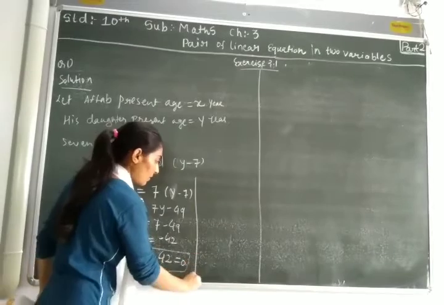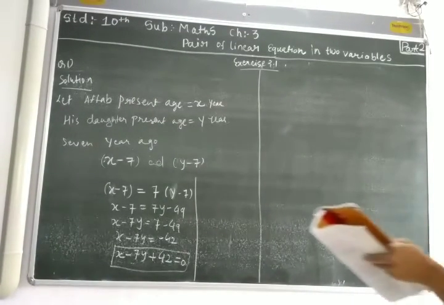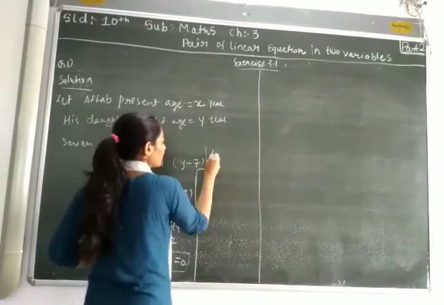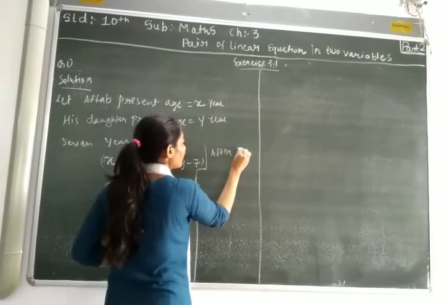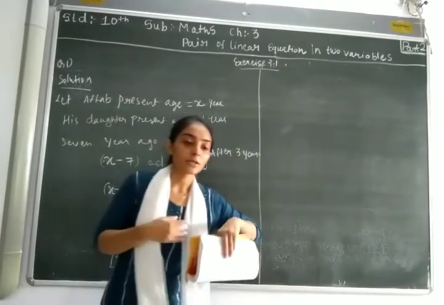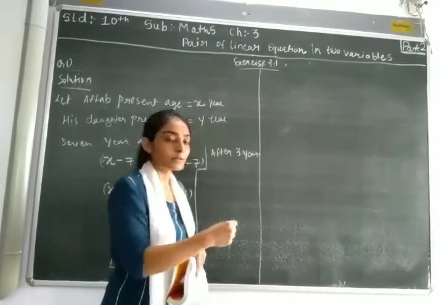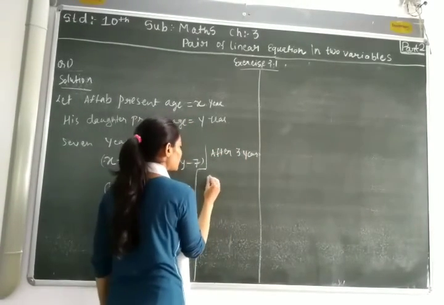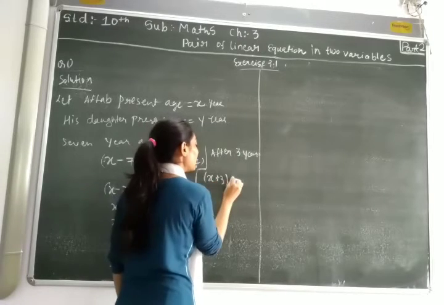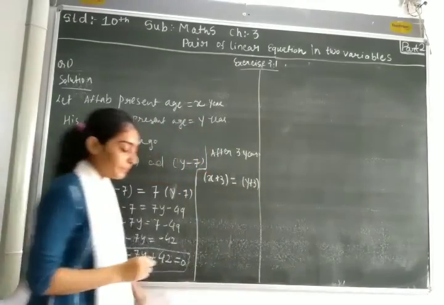Now what he tells is that after 3 years, from the present age it will be 3 years more. So we write x plus 3 equals 3 times y plus 3.